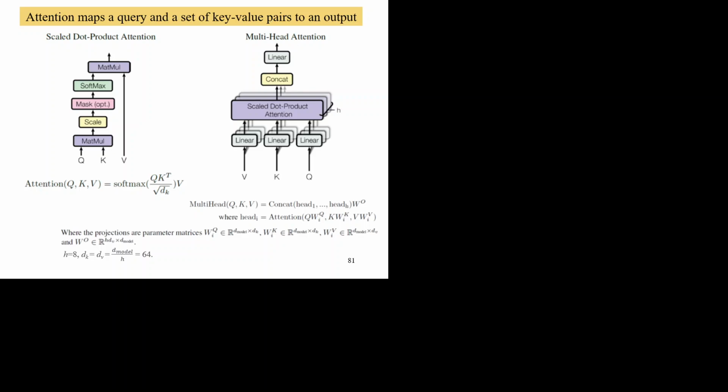The token will be multiplied with WQ to become Q, with WK to become the K vector, and with WV to become the V vector.